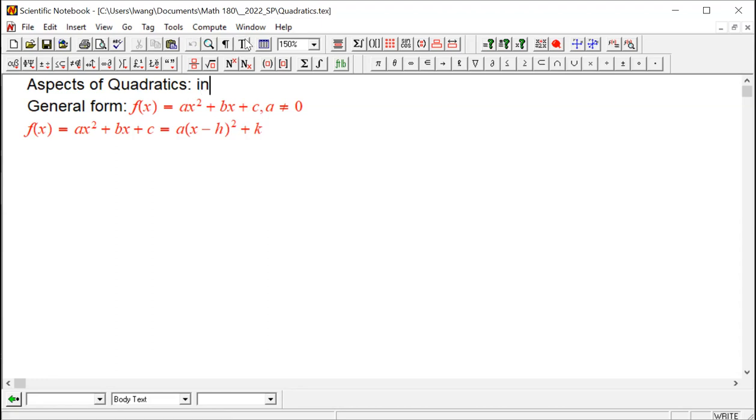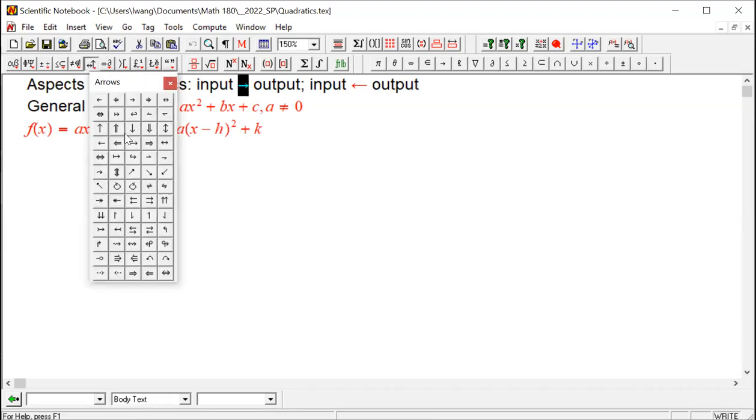Okay, one is from input, how we get to output. And the other aspect is, from output, how do we find input? Okay, so these are the two different aspects that we're going to talk about.